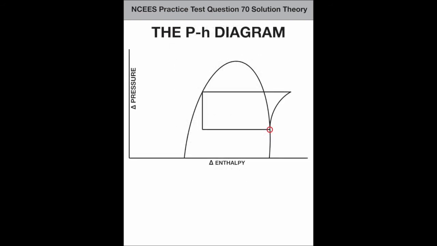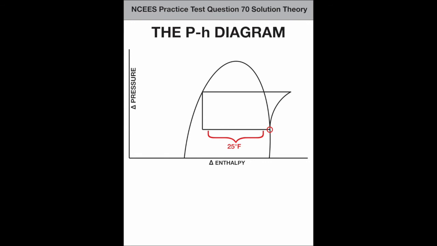The refrigerant leaves the evaporator here, the exact place the compressor begins. Notice this evaporator line shows a constant temperature of 25 degrees. No beginning to end changes in temperature. So, 25 degrees is the temperature of the refrigerant inside the evaporator.